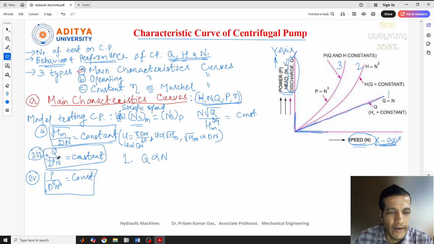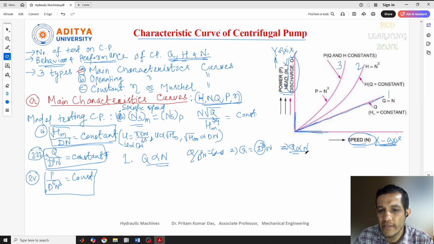The diameter is fixed for all these correlations, because the pump and pipe diameter will be fixed for any kind of conditions, so we cannot vary it. From the discharge equation, DQ by N equals a constant, and since D is constant, Q is directly proportional to N. That means discharge is directly proportional to speed.